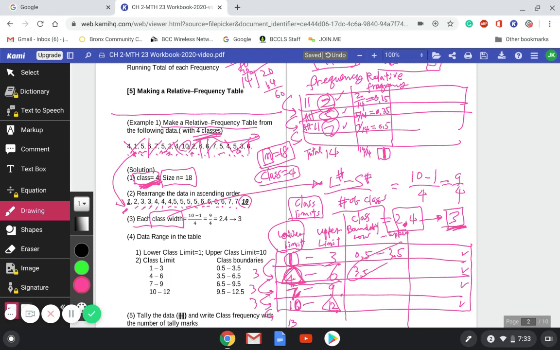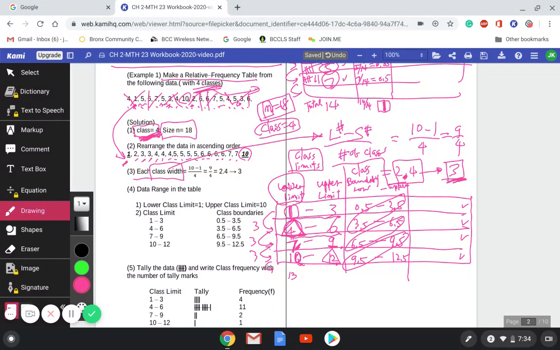Notice that it always has to match here. And 6.5, then it should start from 6.5 to 9.5 because plus 0.5 from 9 is 9.5, and 9.5 to 12.5. So when do we use this class limit? You use class boundaries for a histogram or bar graph.